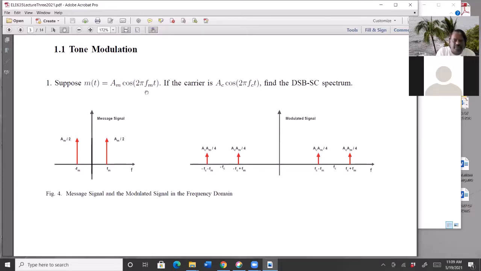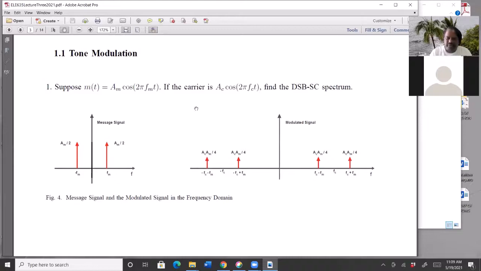From the Fourier transform table, the spectrum of cosine is half here and half here, but there is AM, so we get a delta function of magnitude AM over 2 here and AM over 2 here. What are the frequencies? FM and negative FM. This is from the Fourier transform. Then we apply what we learned for general modulation and get this figure.